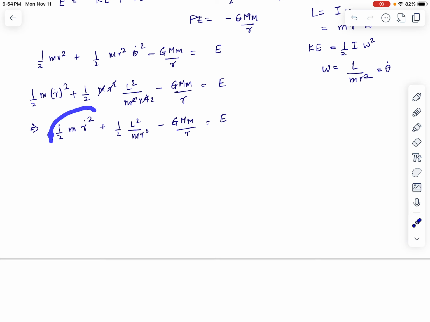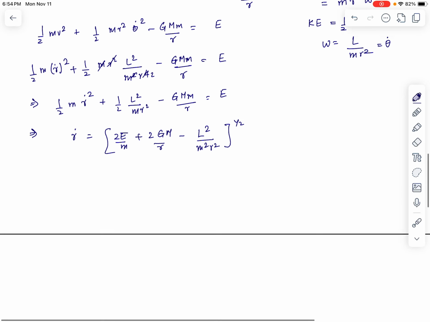So what we can do is we can collect these terms on the right hand side, and we can write an expression for r dot very simply as r dot equals 2E over m, right, plus 2GM divided by r minus L square by m square r square, okay, and we take the square root of that. So there is that.